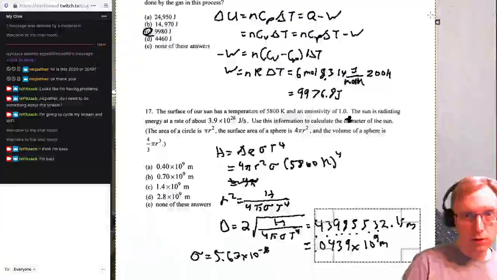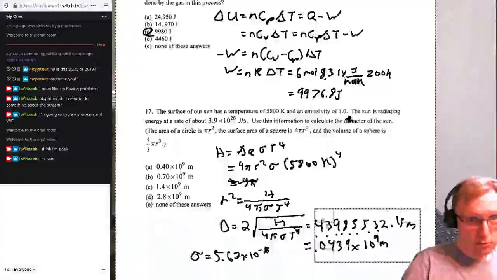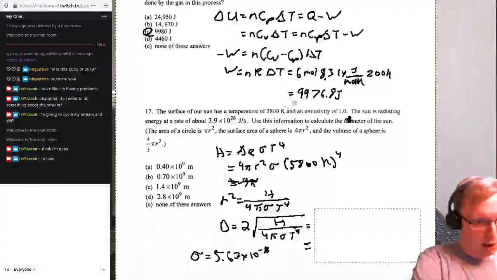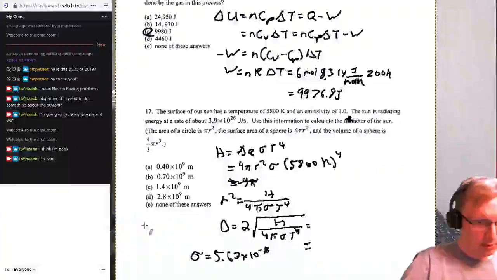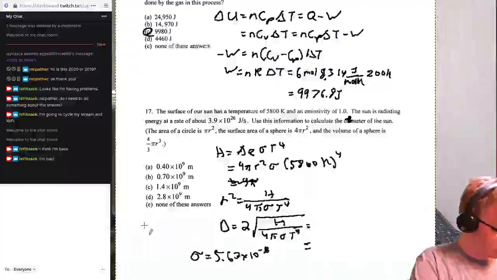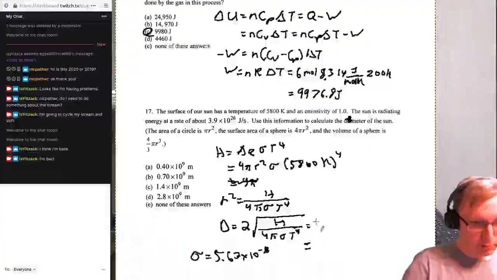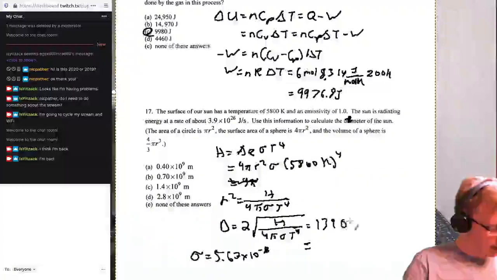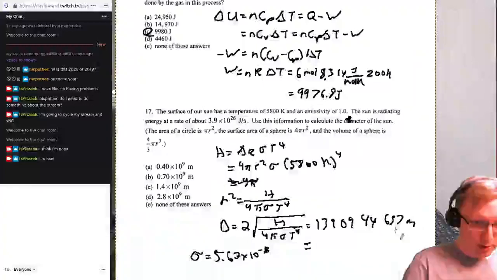Where's my Control B? Shift B. R. N. One. 3, 9, 0, 9, 4, 4, 6, 5, 7 meters. 1.39 times 10 to the 9 meters.